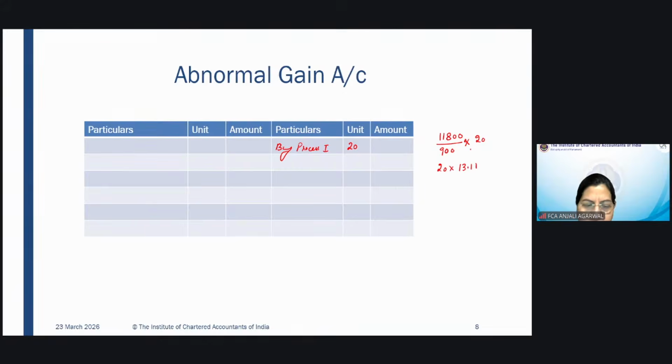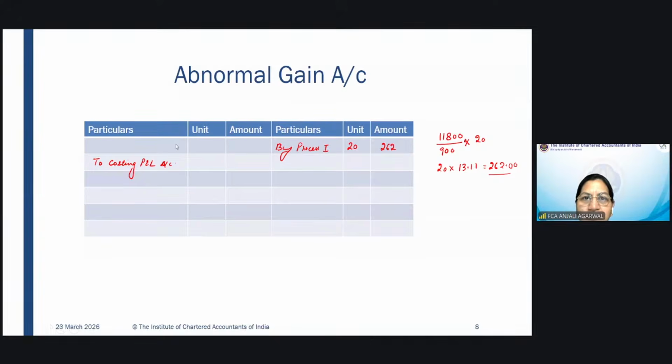So 13.11 into 20 will give you 262.20. I'll ignore the 0.20, so 262. So this gain will move to the costing P&L account or the P&L account. Okay.